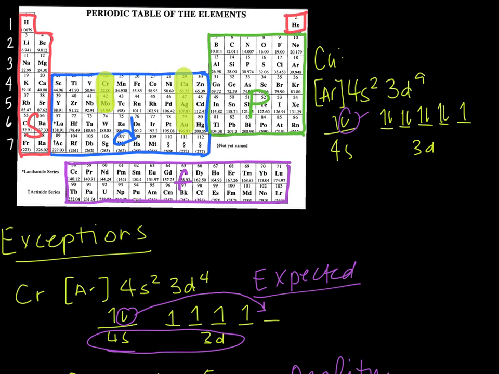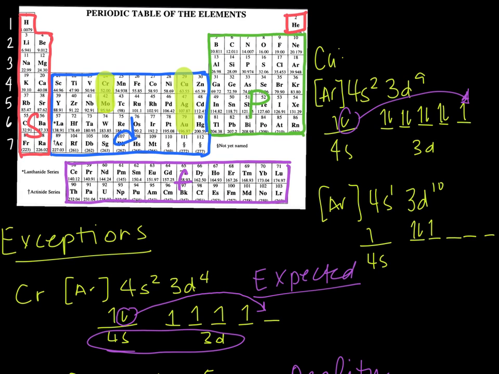One of these electrons comes up here. And what we end up with is argon 4s1 3d10. So the 4s has only 1 electron in it, and the 3d has 10. So in this case, it almost looks as if the 3d has become lower in energy than the 4s.